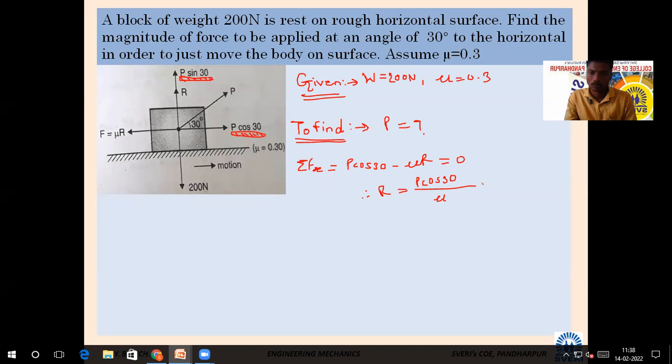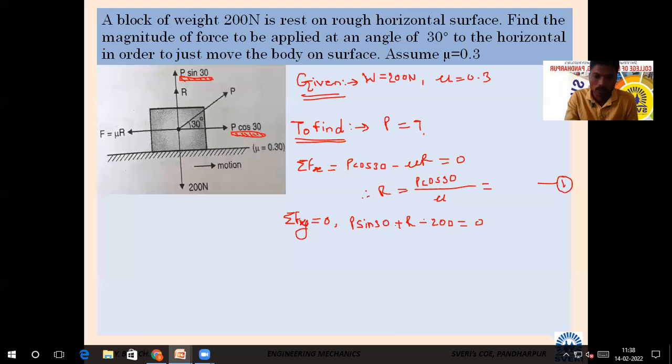So this is equal to something, equation number 1. Then, sorry, summation Fy equal to 0. Then P sin 30 plus R minus 200 equal to 0. Nobody should tell the answer.